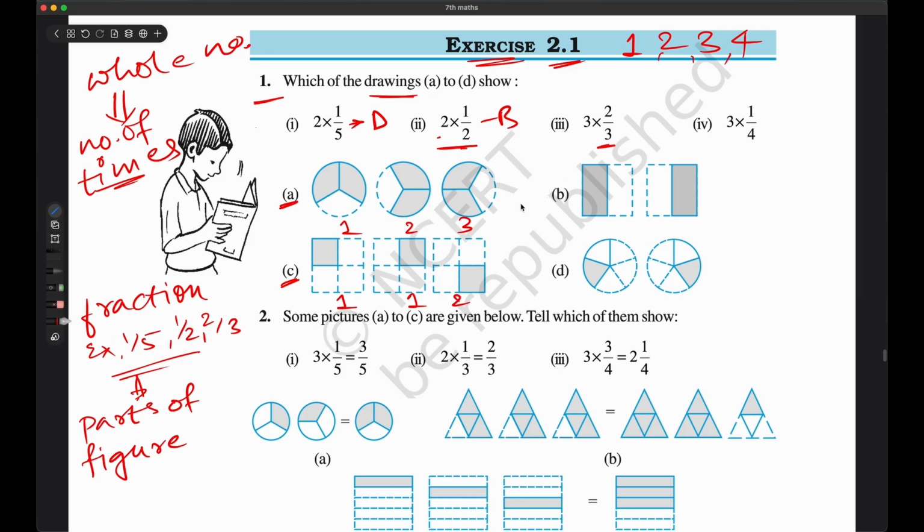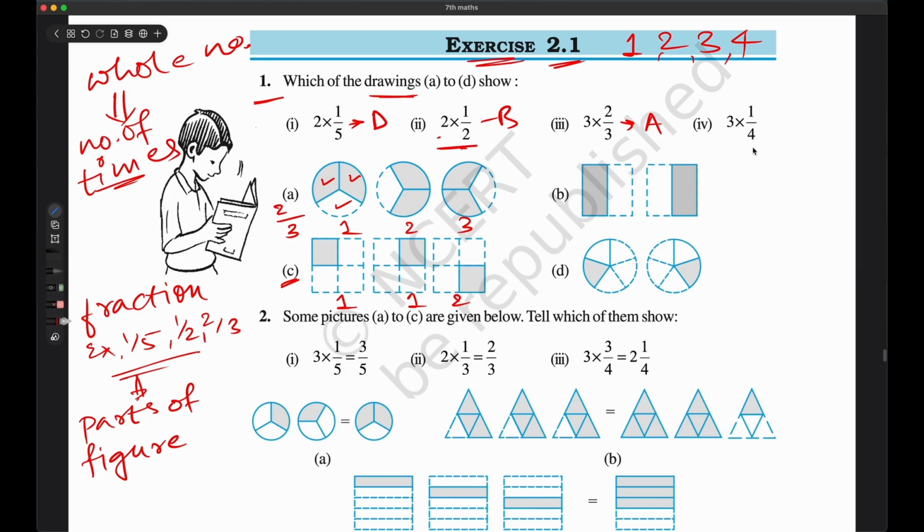So total there are 3 parts and they are taking 2 parts each time. If we see option number A, total there are 1, 2 and 3 parts, and each time we are taking 2 parts, that is 2 by 3. So this is option number A.